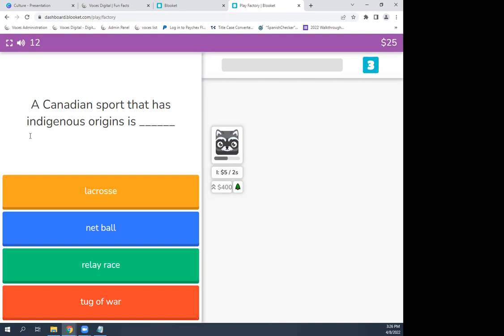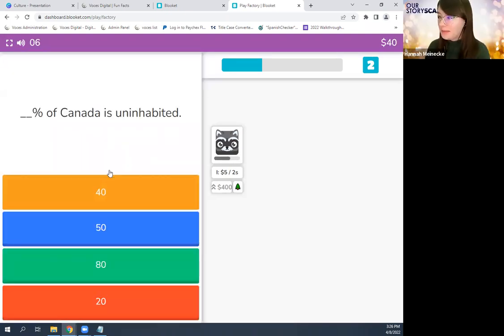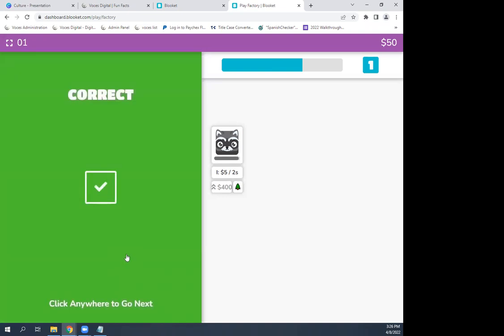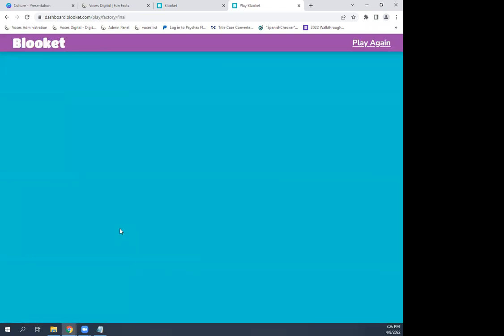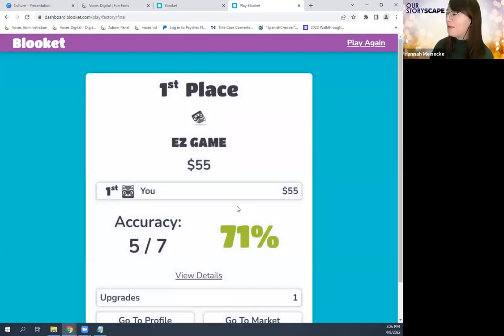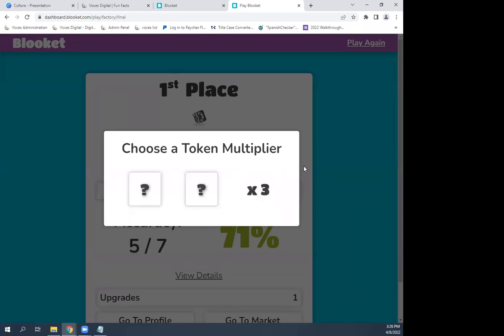A Canadian sport that has indigenous origins is lacrosse. And what's the percentage of Canada that is inhabited? 80%.